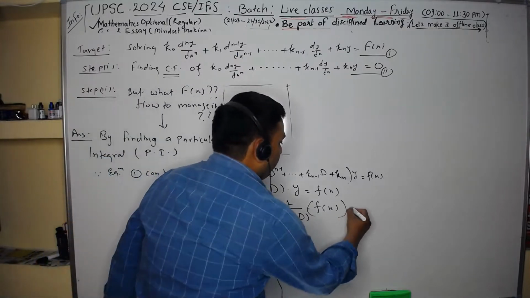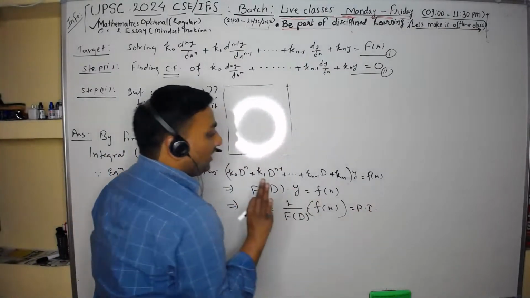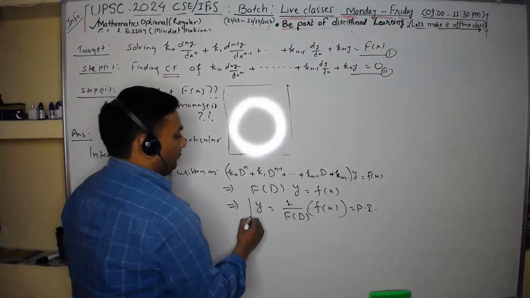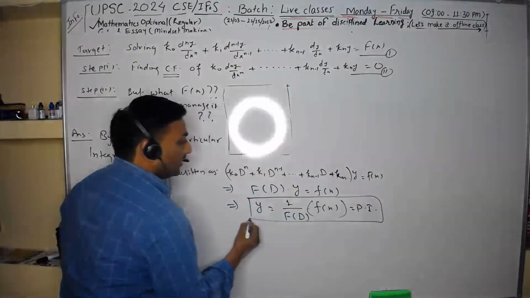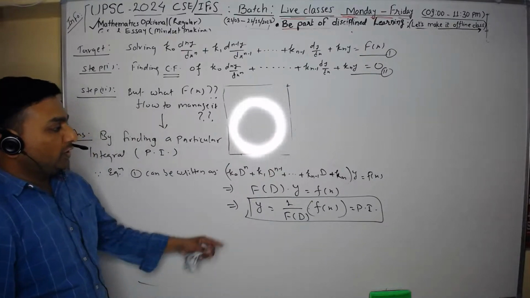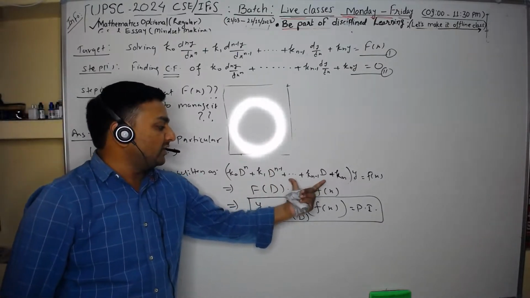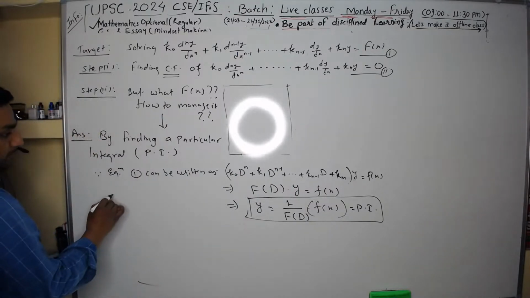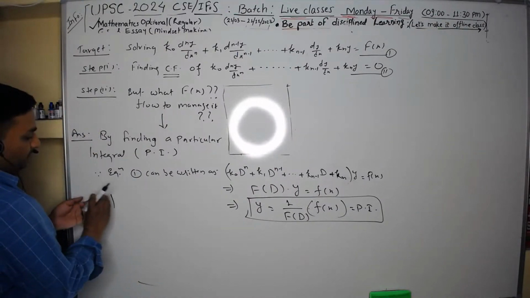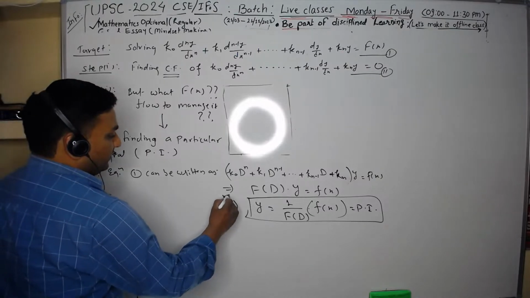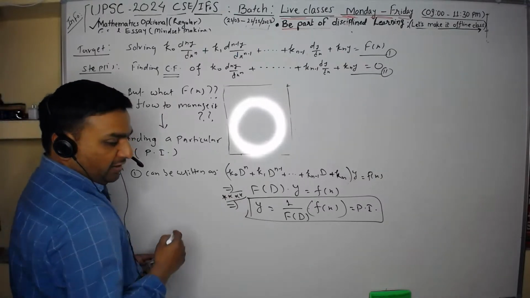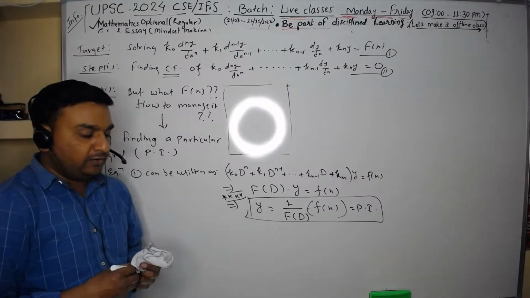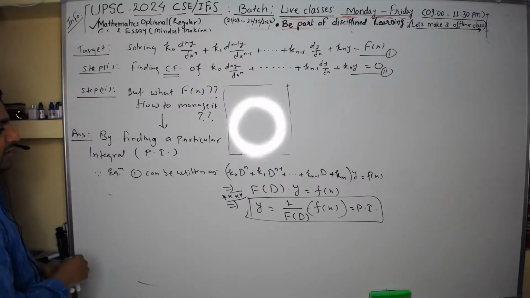And this itself is known as the particular integral. So if the differential equation is like this, then PI is this. Do remember this formula.